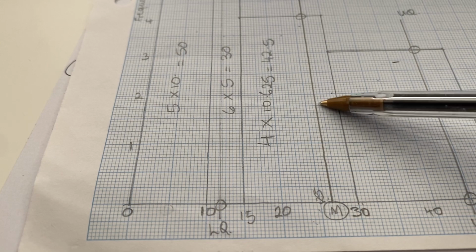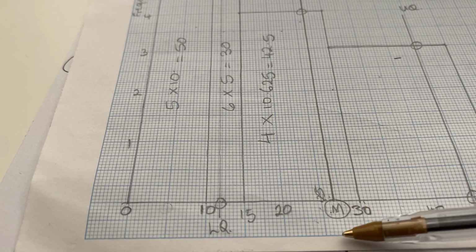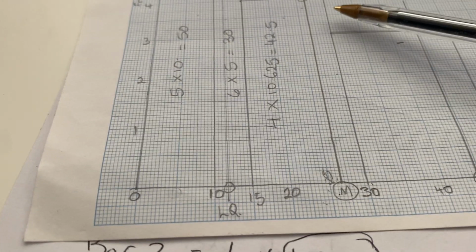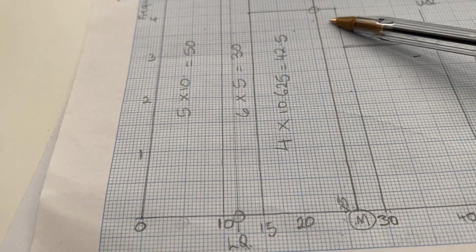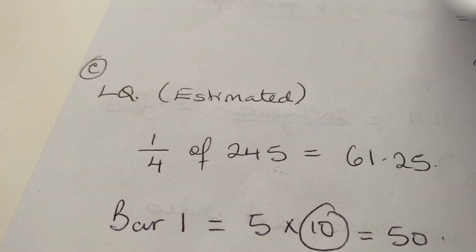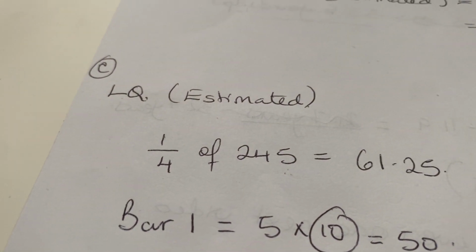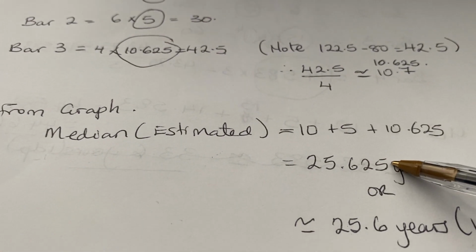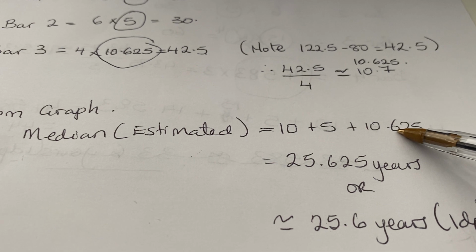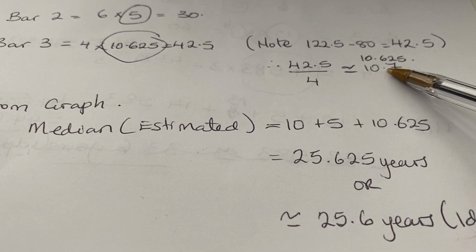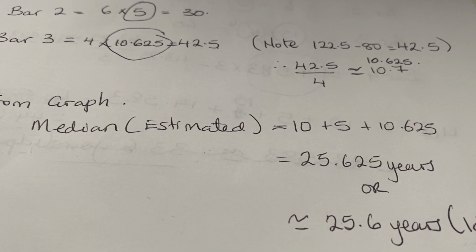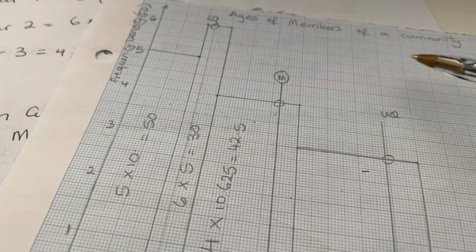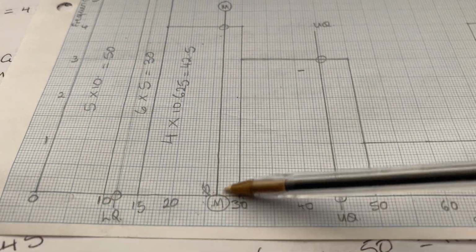So if you add them all on the x-axis, you add 10 to 15 to get to this point, it's about 25.6, because you need 10.625, that point here.